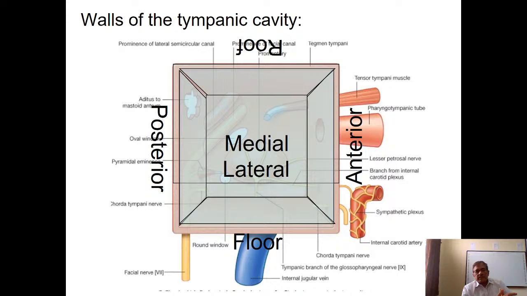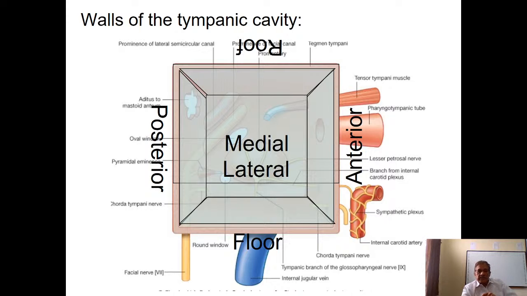And this internal carotid artery, by its presence, the anterior wall is otherwise called the carotid wall, whereas the floor is called the jugular wall.